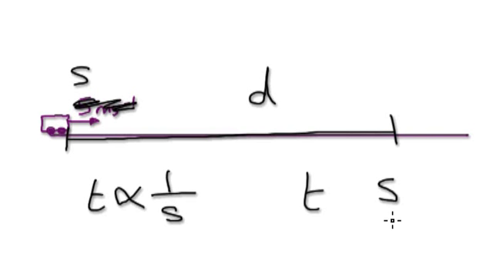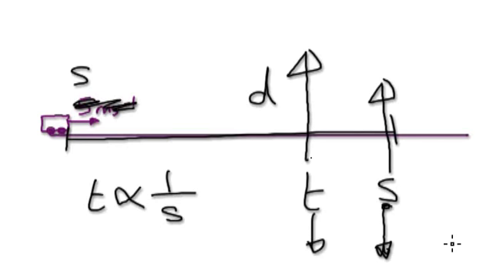Now, if you increase the speed of the car, you will decrease the time it takes to cover that distance. If you decrease the speed of the car, then the time required to cover that distance will increase. So as you increase the speed, you will decrease the time.